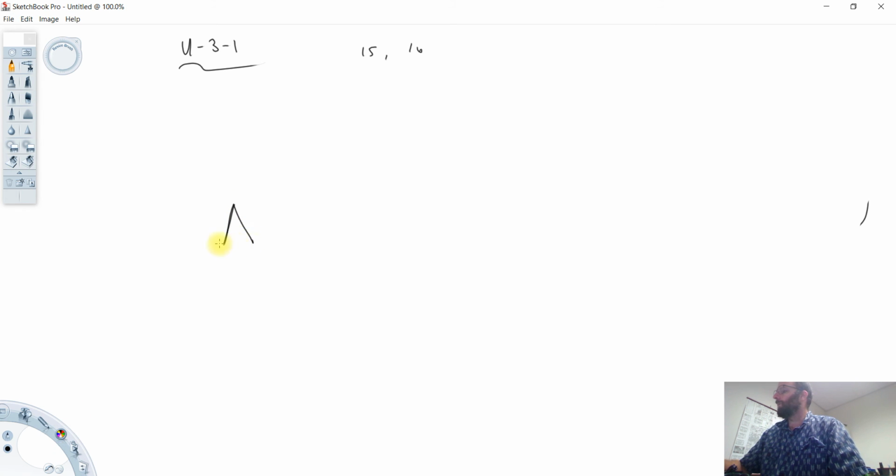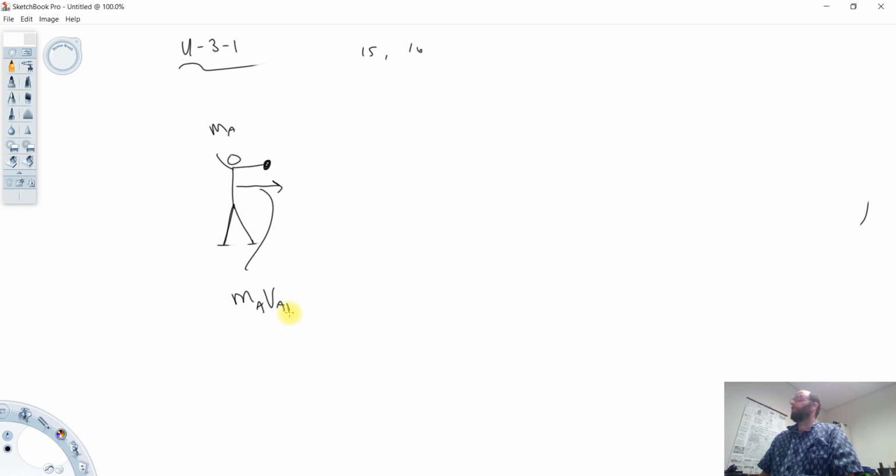Okay, so we have a person on skates, mass A, with a ball in their hand, moving to the right at some speed. So they've got a momentum, mass A, VA1. Now my second picture is going to be the same person, but they have now thrown the ball at some velocity. So for now, we're just going to ignore the second person.